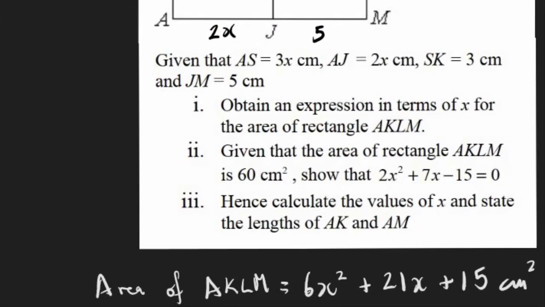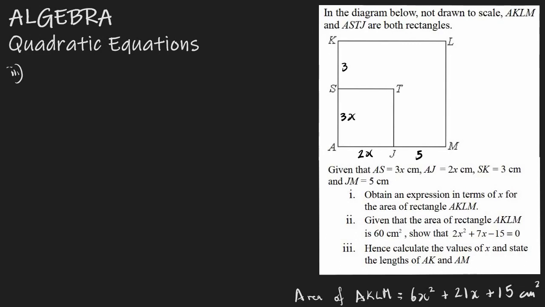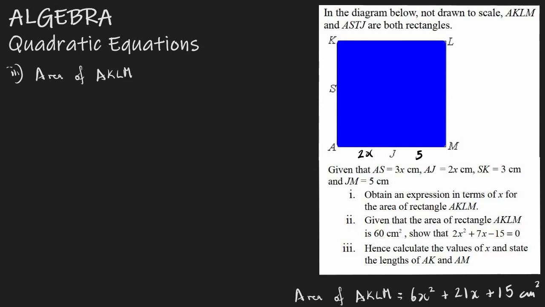Part 2 of the question: given that the area of rectangle AKLM is 60 cm squared, show that 2x squared plus 7x minus 15 is equal to 0. So, my first step is to take down the information presented to me. Area of rectangle AKLM is equal to 60 cm squared.